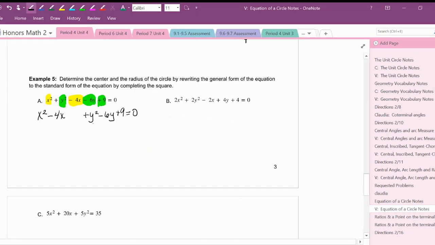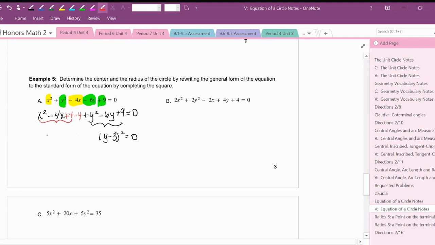This I can right off the bat rewrite as y minus 3 quantity squared. And now I'll work on completing the square here. I want to add half of 4, which would be 2 squared. So I'm adding 4, and then I also have to take away 4.